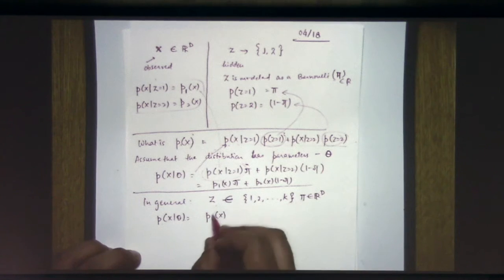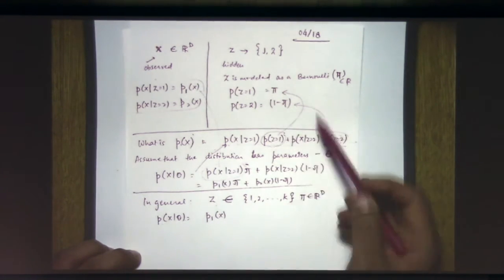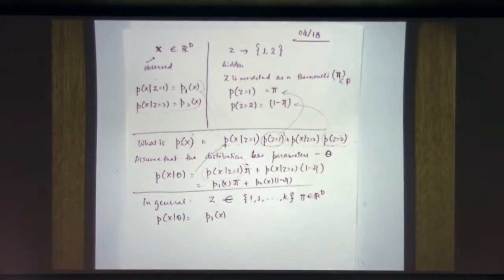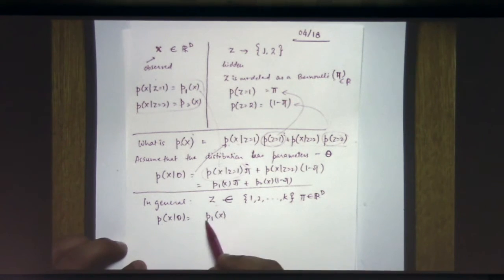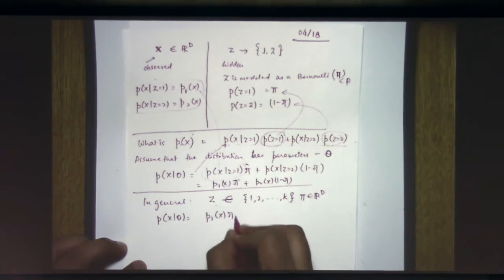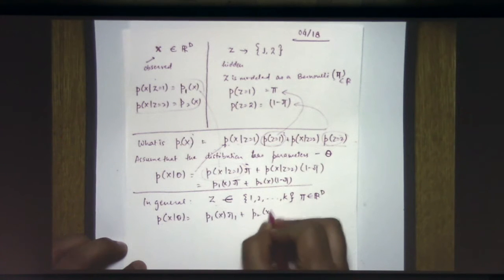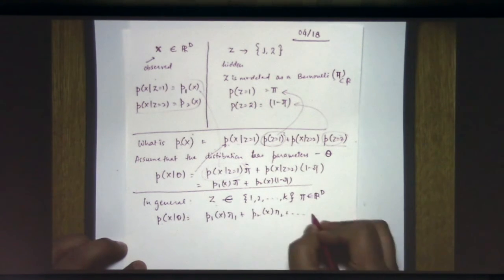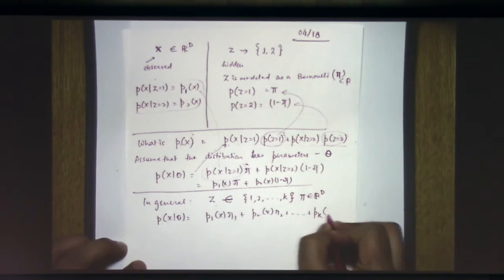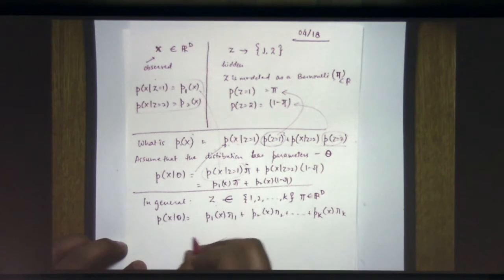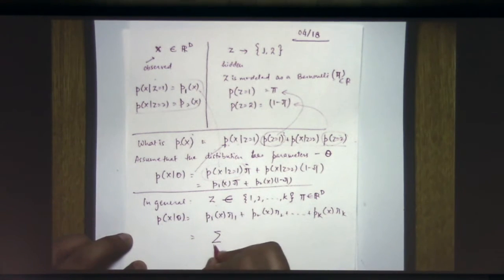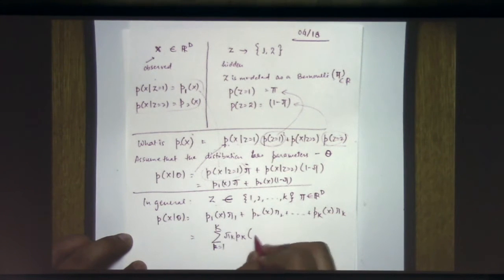So then p of z equal to 1 will be pi 1, p of z equal to 2 will be pi 2, and so on. So we can write this as p1(x) pi 1 plus p2(x) pi 2, and so on until pk(x). Or you can just write it as a sum, k equal to 1 through K, pi k times pk(x given theta), or x.